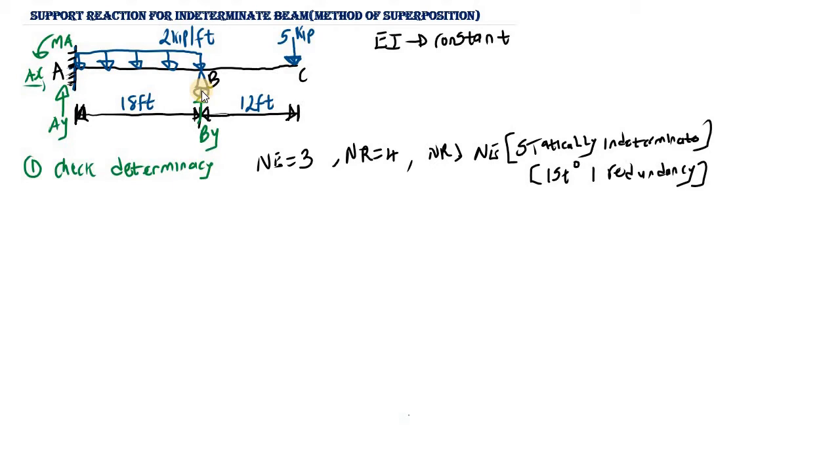Now I'm going to split up my loads, and I'm also going to split up the redundant, such that when I add up those loads and the redundant, I still arrive at my initial beam.